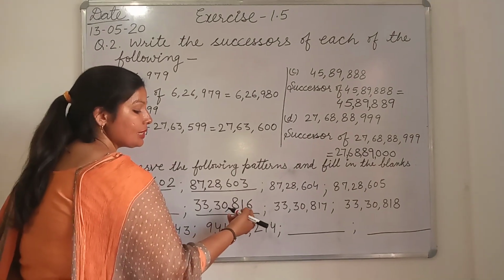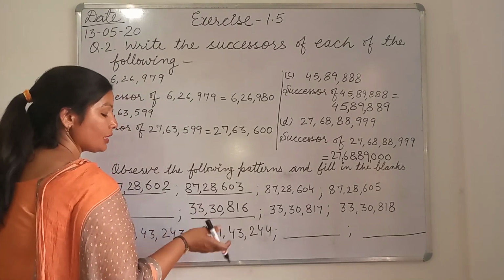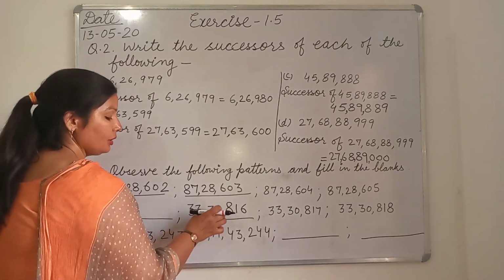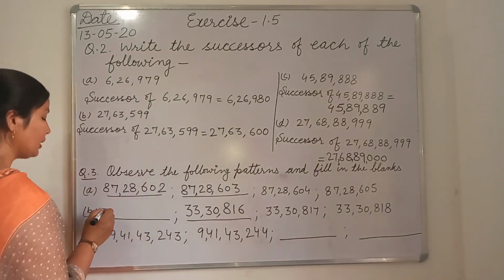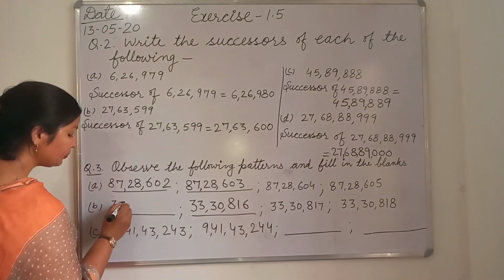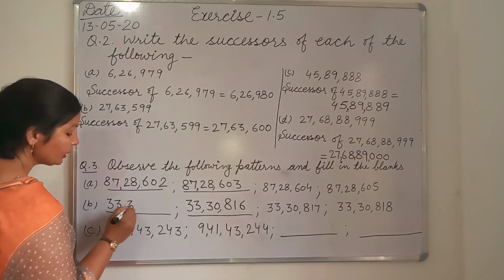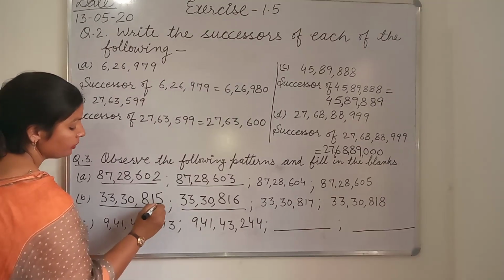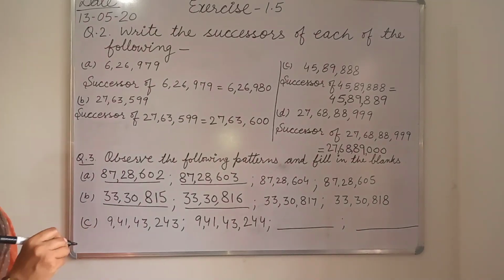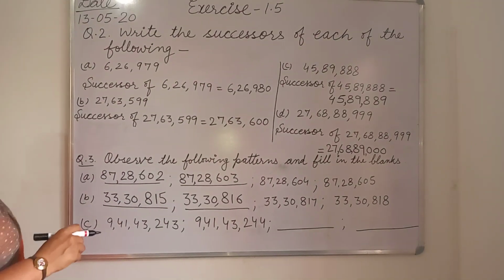So 6 minus 1 is 5. So what becomes? 33 lakhs 30,815. So we write here 33 lakhs 30,815.